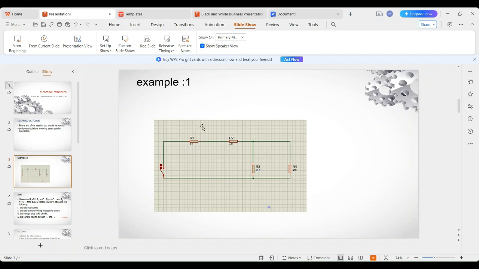In a series circuit, the current flowing through components is the same, whereas the voltage is different. In parallel connection, the voltage drop across each component is the same, whereas the current is different.